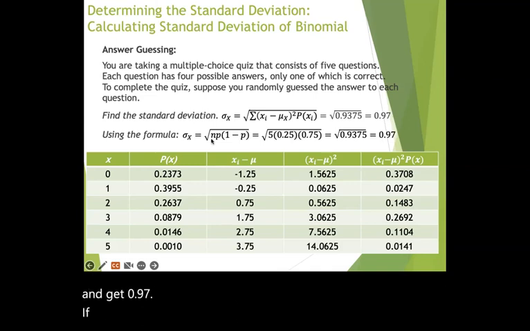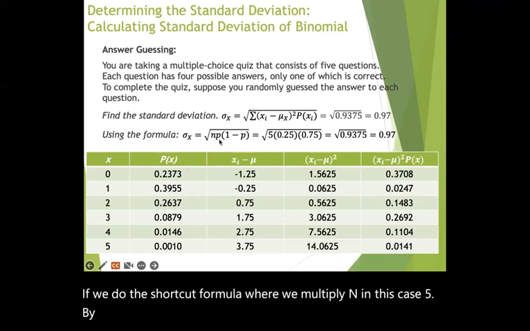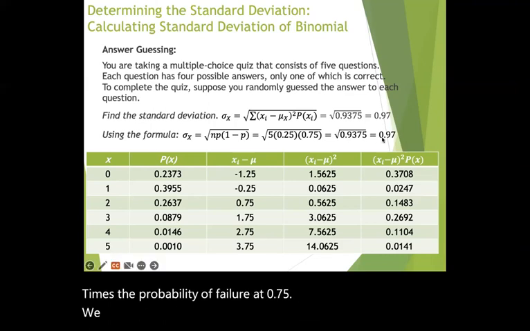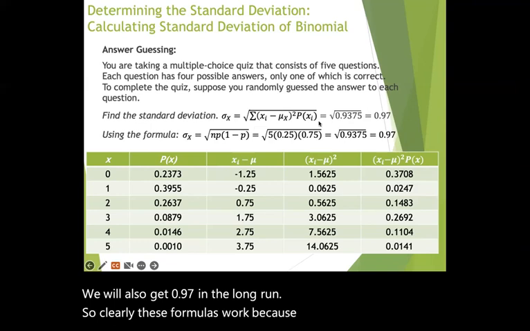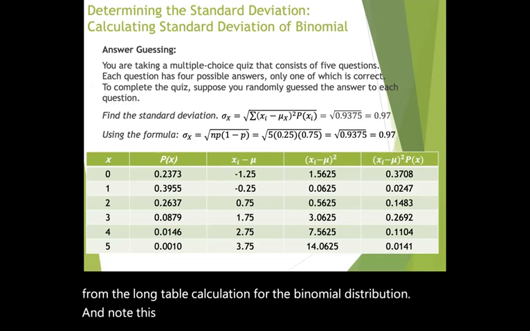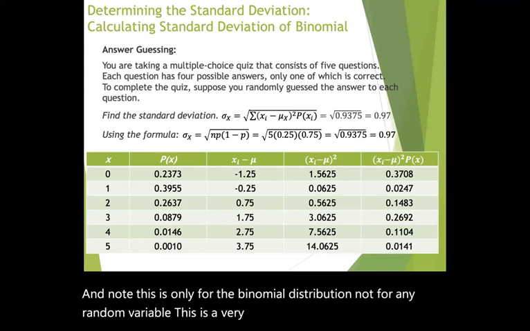If we do the shortcut formula where we multiply n, in this case 5, by the probability of success of 0.25 times the probability of failure at 0.75, we will also get 0.97 in the long run. So clearly these formulas work because they match the output from the long table calculation for the binomial distribution. And note, this is only for the binomial distribution, not for any random variable. This is a very special random variable.